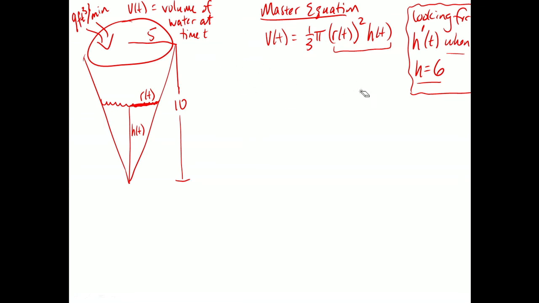And let me identify my concern. My concern is that, just like it was with optimization problems, I have too many variables here, right? In optimization problems, that was always a bit of an issue. Now, it's not as much of an issue with related rates. You can have more than one, but I'm really not happy about having to do a product rule and a chain rule right there.